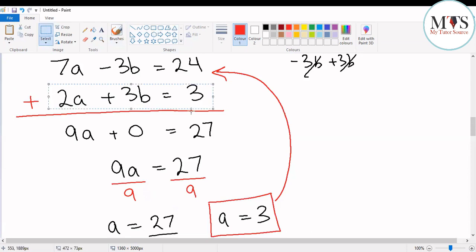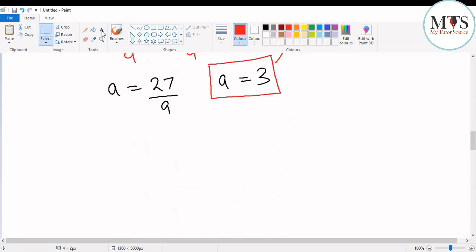So I'm going to copy this. Now if I plug a into this equation, what will it look like? You just substitute the value in place of a, you're just going to write 3.